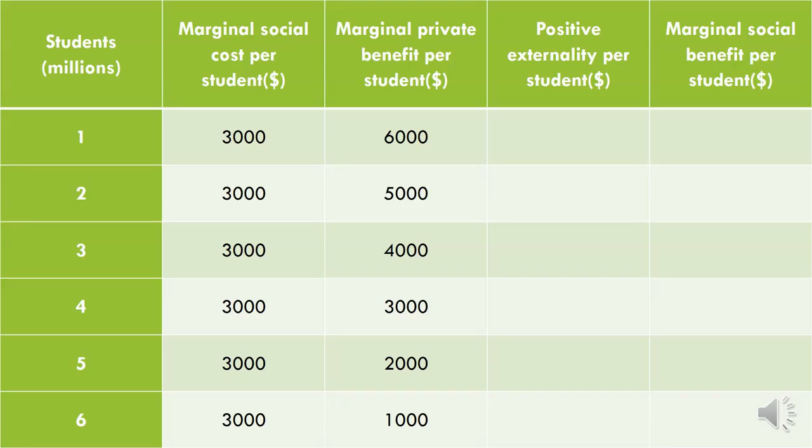So for the first million students, they would be getting $6,000 benefit per student. For the 4 millionth student, it'll be $3,000 per student benefit. For the 6 millionth student, it would be $1,000 benefit for the student. Alright, so far so good.